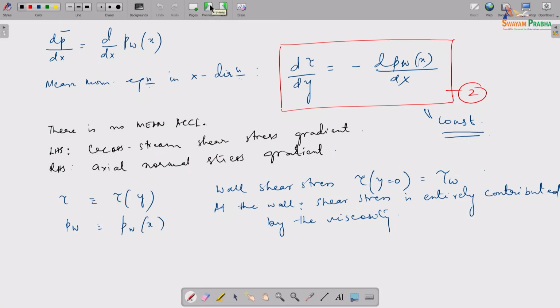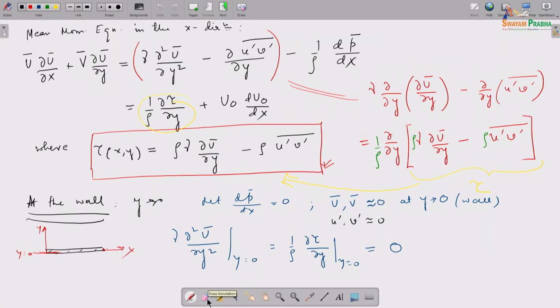Because if you look at this equation here, I have a tau here, and this tau is a combination of both of these parts, right? But both parts of the shear stress do not act at all length scales. Some of it acts only when y plus is a certain number.